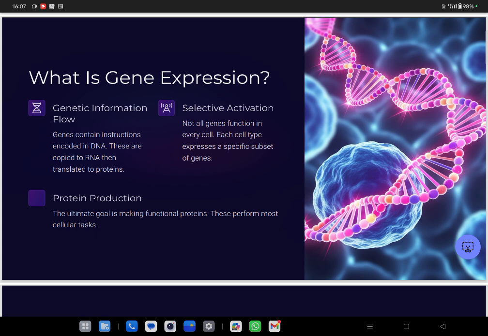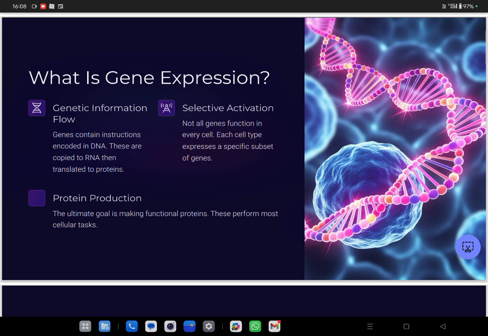Then the next part of gene expression is selective activation. Not all genes function in every cell. Each cell type expresses a specific subset of genes. Liver, brain or heart cells may all contain the same set of genes, but not the same subset is expressed.